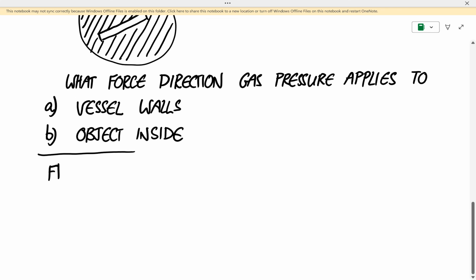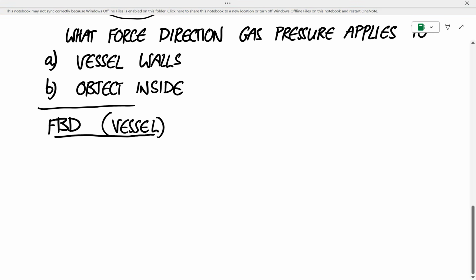Okay, so free body diagram of the vessel. So there are the walls. Pressure always applies a force perpendicularly to what it's contacting, and it's always toward the object that it's contacting. So the force vectors are going to be like this the whole way along, perpendicular at every location.